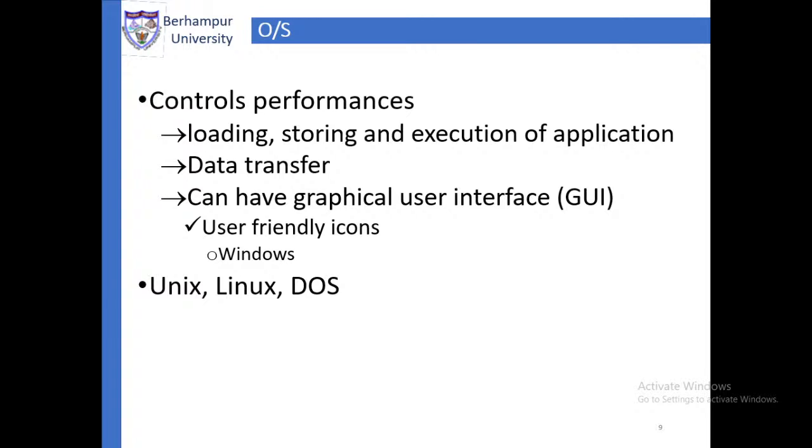So this can have, it is not mandatory, but it can have a graphical user interface. An example is Windows. It is very friendly. You can see the icons on the computer. You can click on those icons. Then you can use those. Like you can click on Word, then you can write your document in Word.